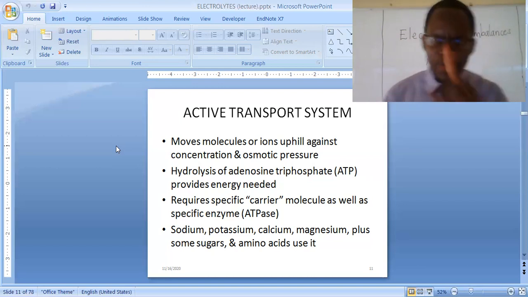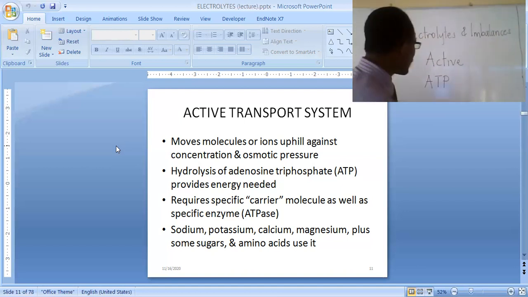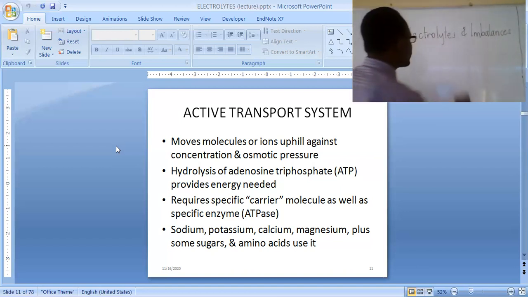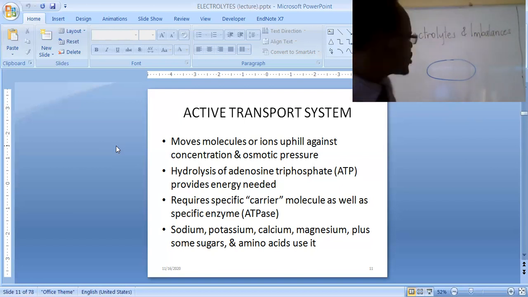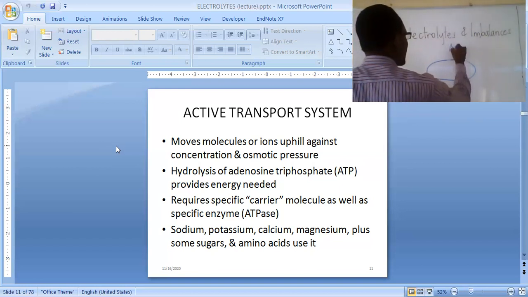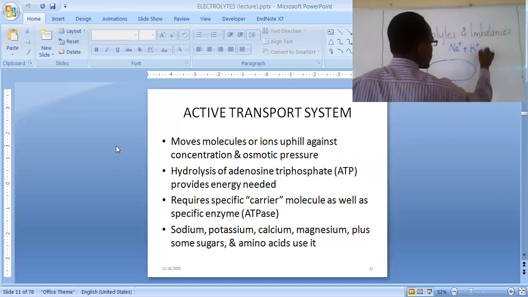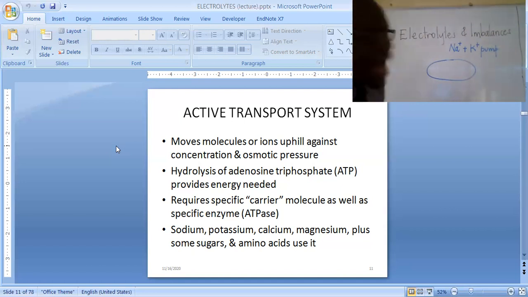Now, a very good example is what we find on the cell membrane, the sodium-potassium pump. This sodium-potassium pump is always located on the cell membranes.